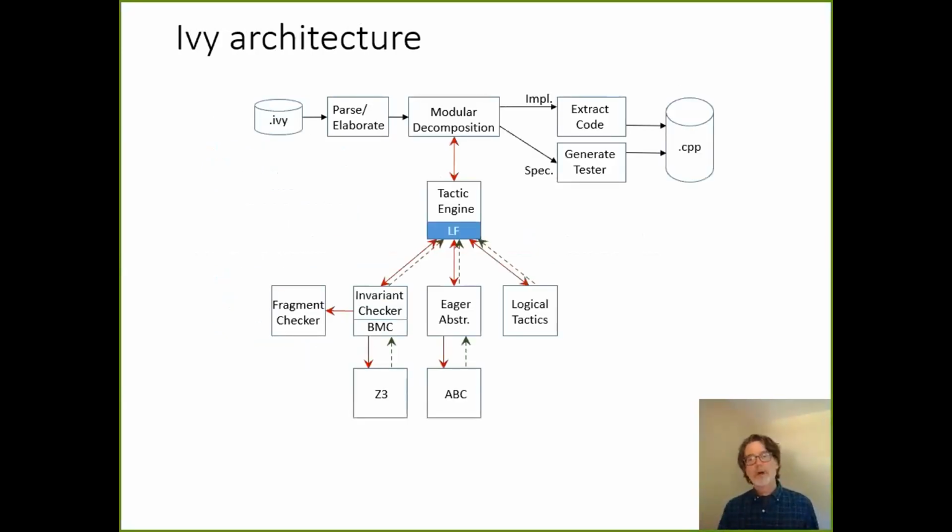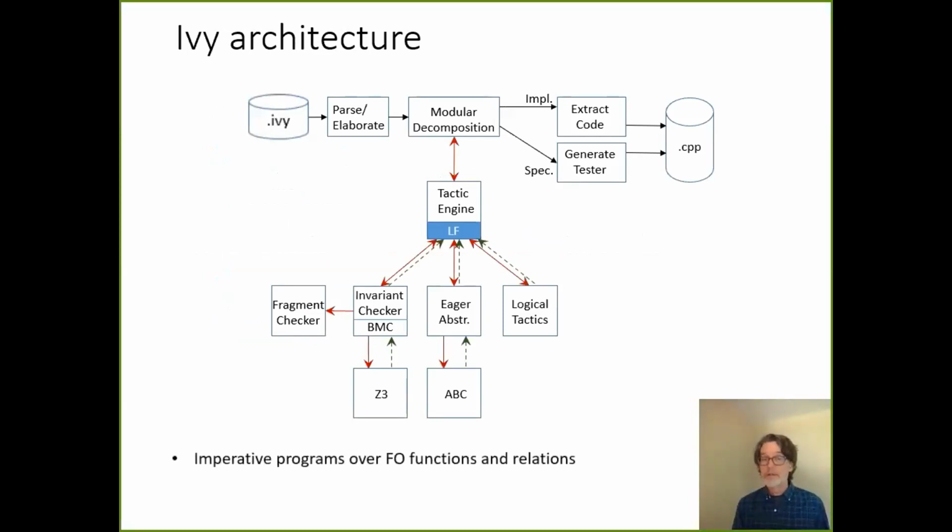So here's the overall architecture of IV, and we'll look at each component and see how the components work together to produce a proof. We start with the IV language. This is a procedural programming language that manipulates pure first-order functions and relations. The reason for this is that we want to have as much expressiveness as possible, while at the same time making sure that the verification conditions always fall within pure first-order logic.